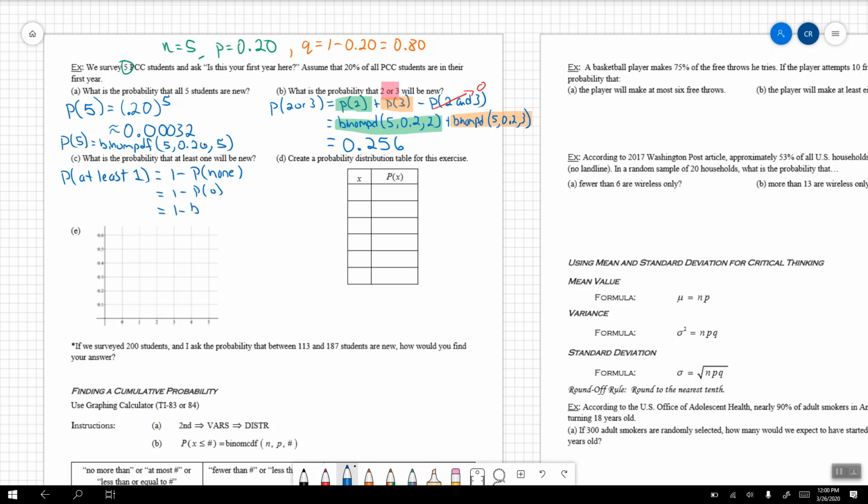But using the binomial formula, or the binomial PDF, this is going to be 1 minus the binomial PDF, 5 trials, probability of success was 0.20, and this time the X is that we want none to be selected, that they are new students. All right, let's go ahead and put this into the calculator.